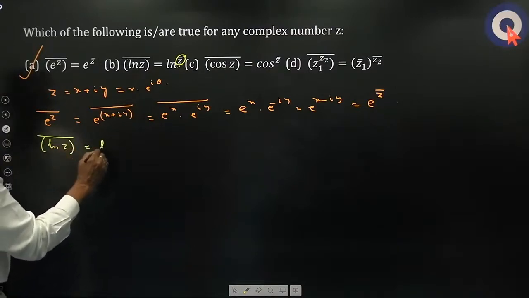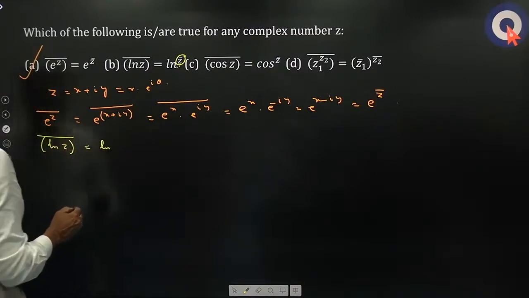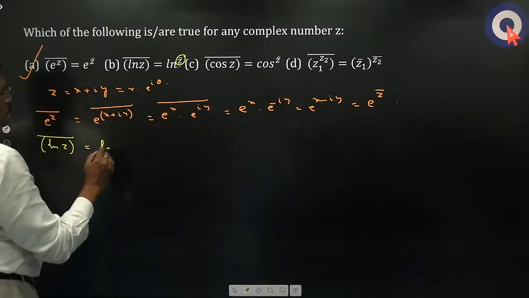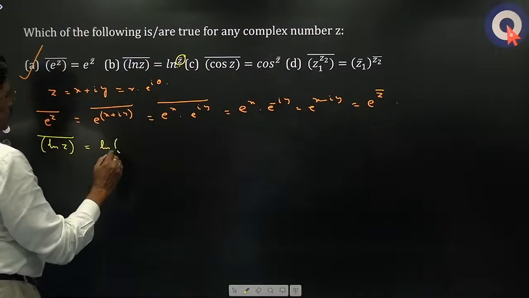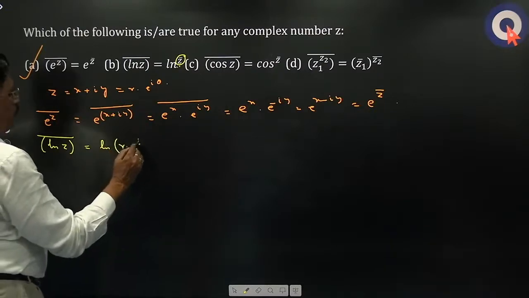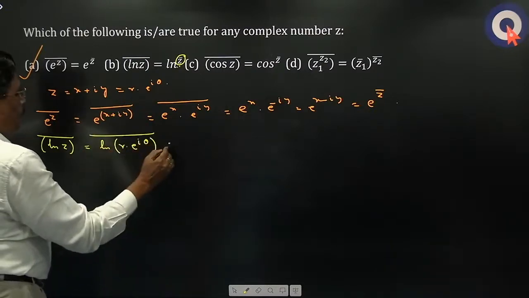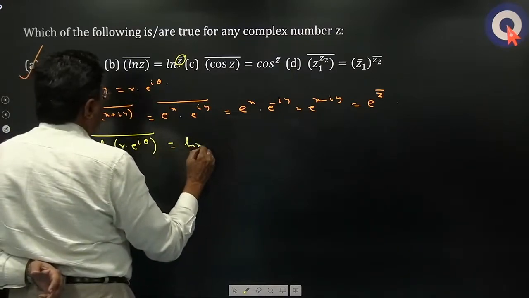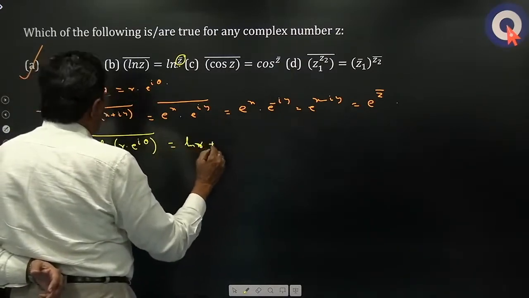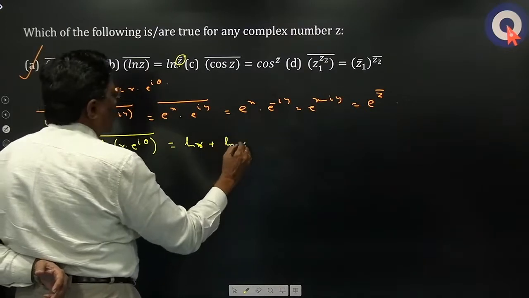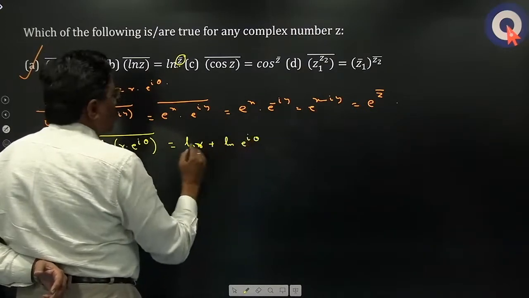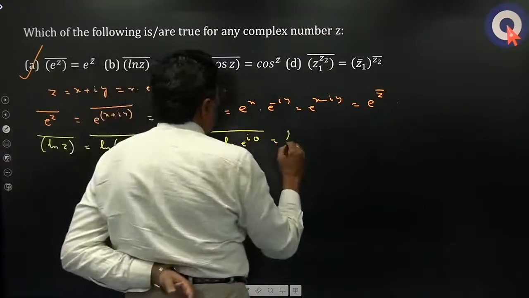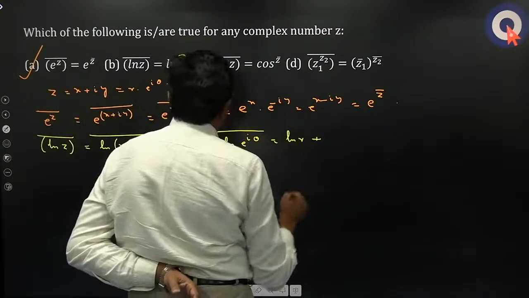So this is log of r into e to the power of i theta, its conjugate. So this is log r plus log e power i theta. All right. Anyway, ln r is real, so it will get out of the conjugate symbol.